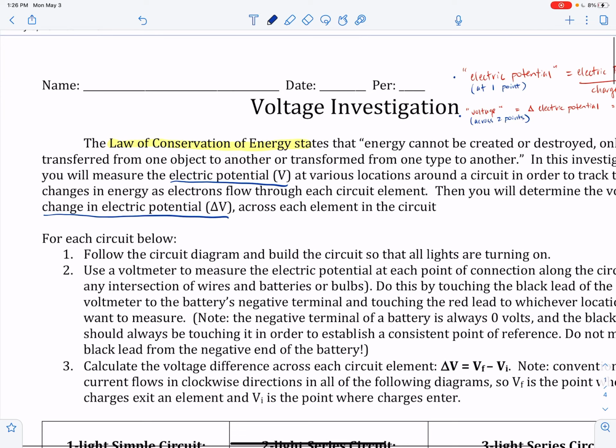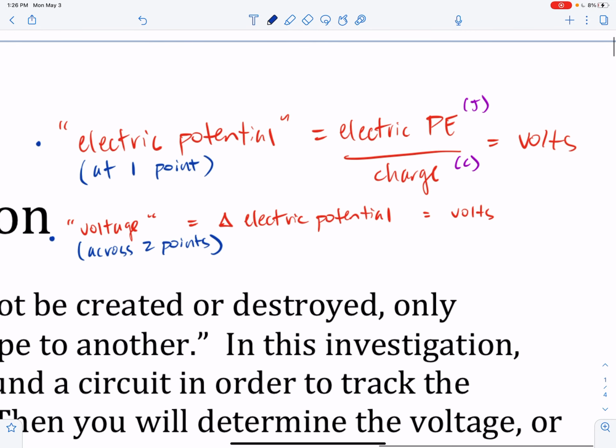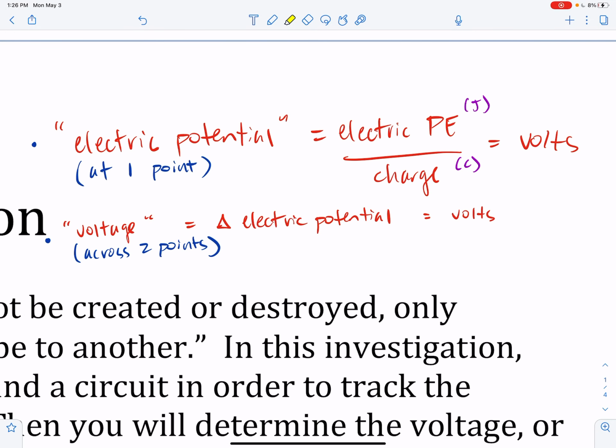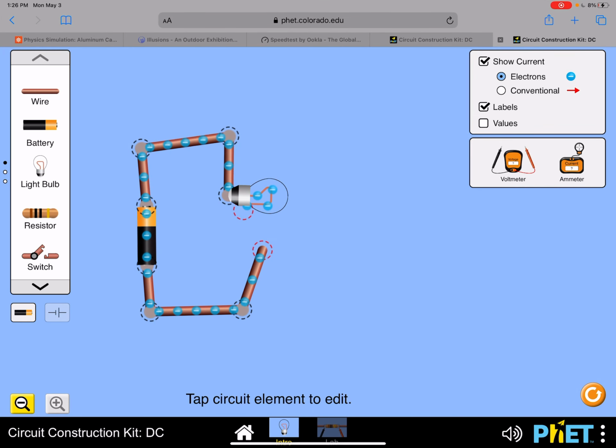What's the difference between electric potential and the change in electric potential? Well, here's a little helpful clarification. First, electric potential is referring to the electrical potential energy per charge at one specific point in a circuit. Think about some point in a circuit in the circuit construction kit, say this spot here.